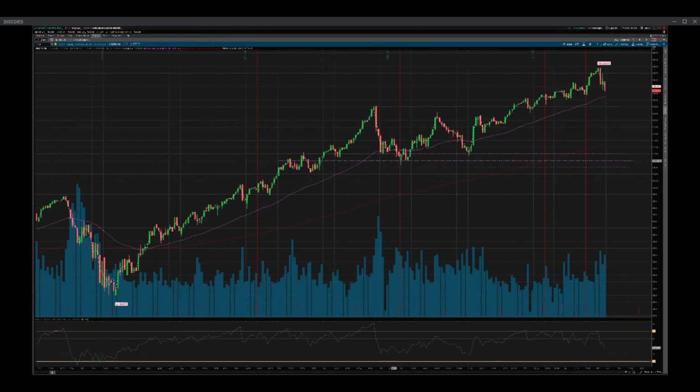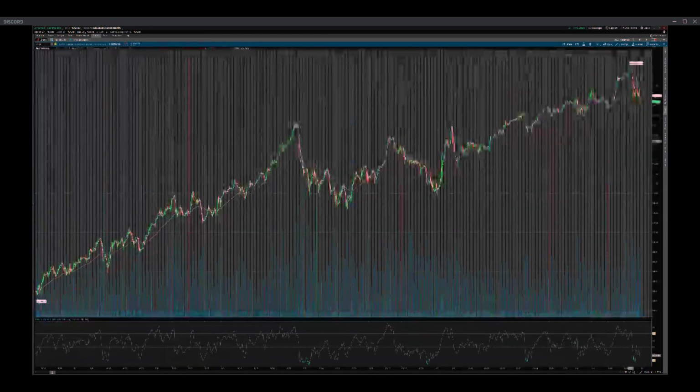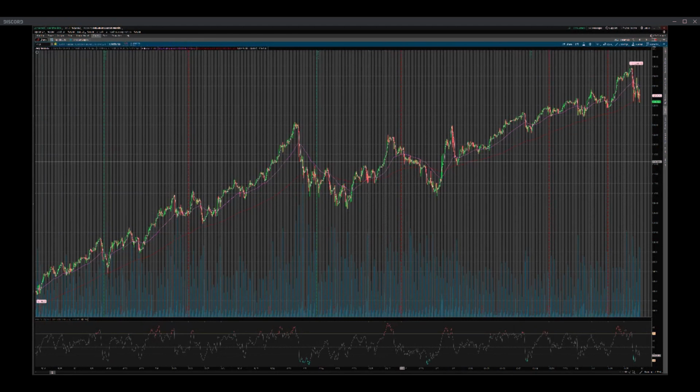So if you're looking at key levels on the daily, those would be the ones that I would draw. We can get into it on the 4-hour, and I like to do the 4-hour if I'm just drawing all of them. So you'll see that this is what my chart looks like. Actually, I'm going to do this.